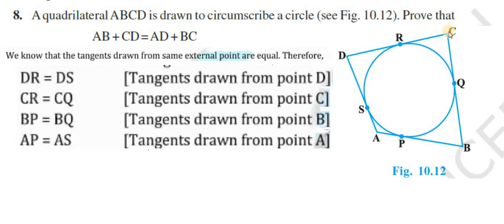If C is an external point, we can write CR is equal to CQ. Why? Because tangents drawn from an external point are equal. We learnt this in Theorem 2, and it is an important theorem from the examination point of view.